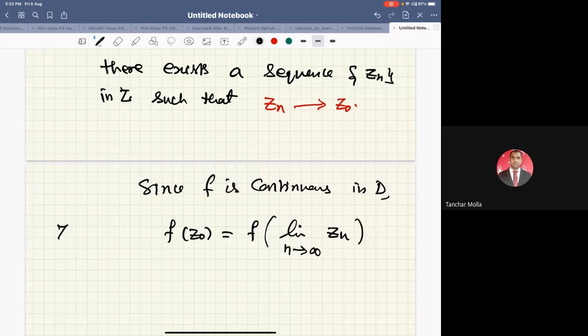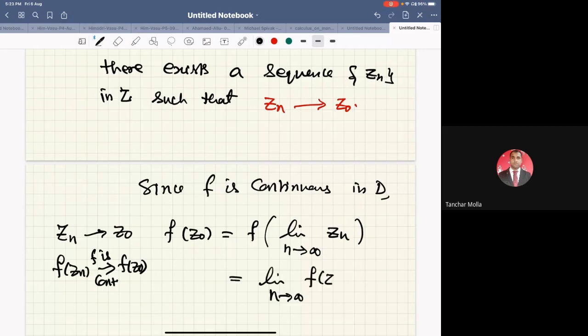That means your z_n converges to z naught, so f of z_n converges to f of z naught because f is continuous. So this is nothing but the limit as n tends to infinity of f of z_n.